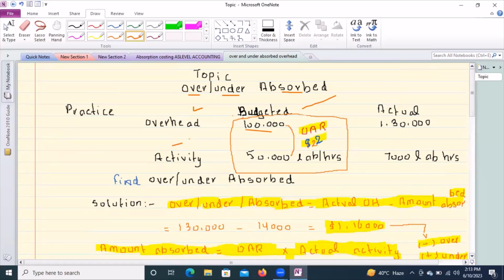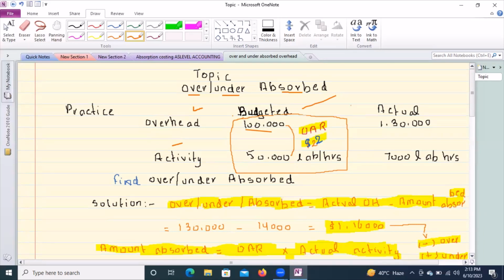There are a lot of activity levels. It could be labor hours, it could be machine hours, it could be direct material cost, it could be prime cost. Like I already have told you about the different types of activity levels. So we have budgeted overheads, which is 100,000, and we also have the activity level, which is 50,000 labor hours.